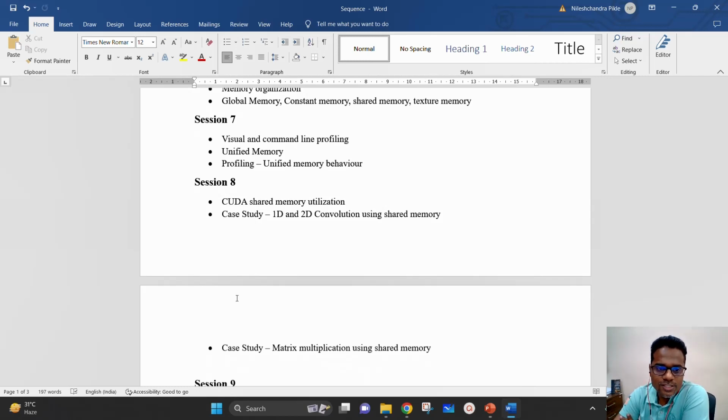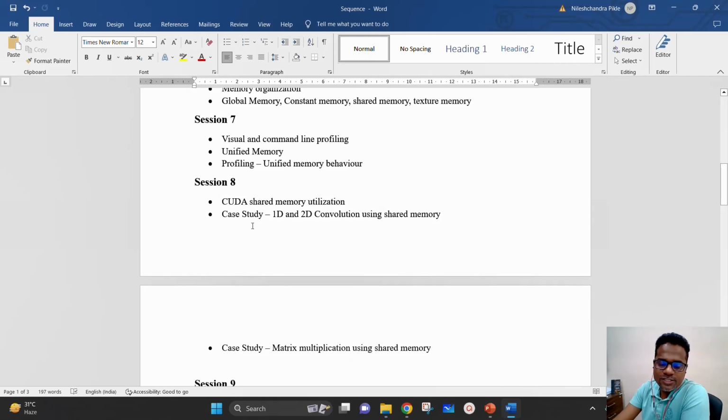Just like on your CPU side, when data is placed in cache memory, it reduces your main memory transactions, and the required data can be efficiently accessed from the cache without accessing the main memory. That increases performance by reducing main memory access transactions. The same concept is applied here in the case of shared memory.